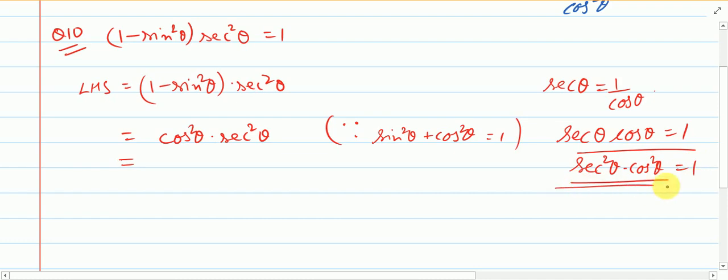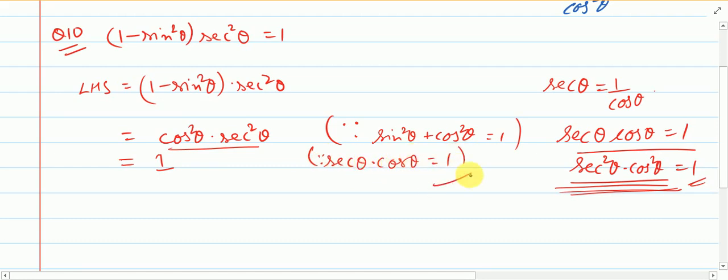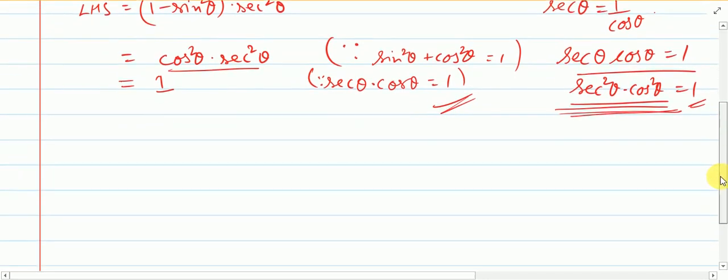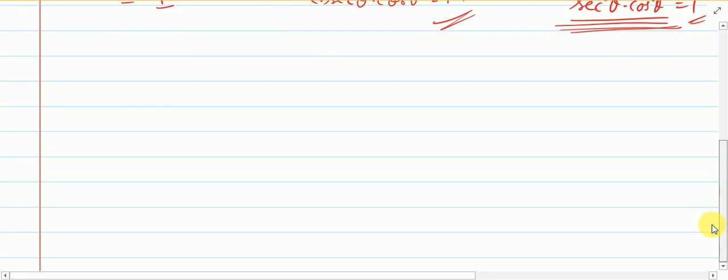That means sec square theta into cos square theta will be 1. So this simply becomes 1. Okay, you can give reason, since sec theta into cos theta is equal to 1. Okay, so this was your question number 10.